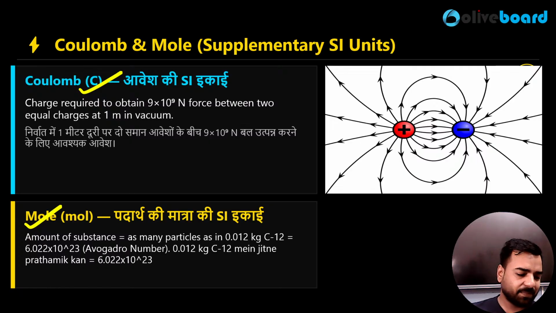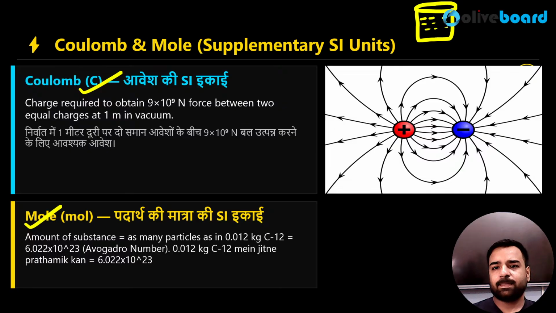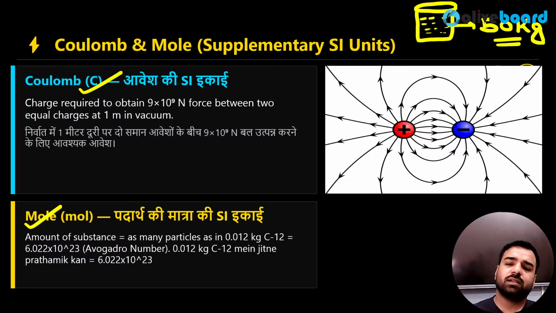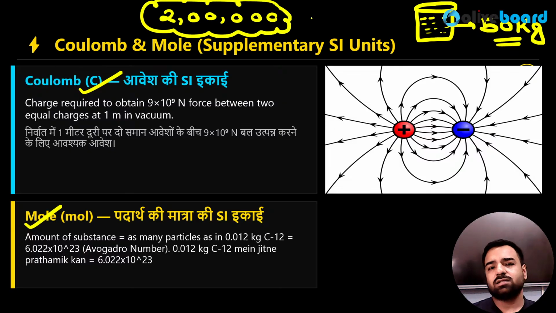Let me make it easy. Guys, tell me one thing. Let's say I have a sack filled with rice, and this sack is of 50 kilogram. Now I went to a shop and asked for 2 lakh sugar crystals.